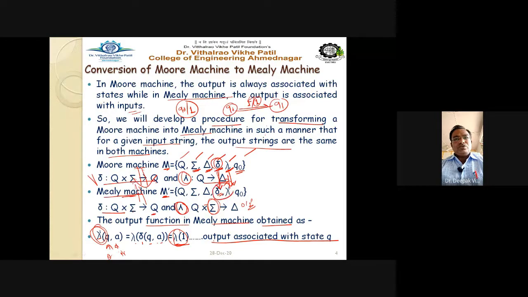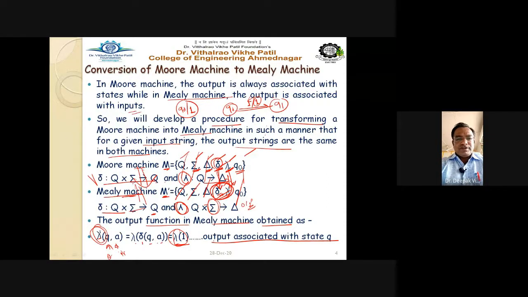While converting, we have to convert only these two parameters. The rest of the things, Q, sigma, capital delta and Q0, remain the same. So we have to convert only the small delta and lambda function, that is the transition function and the output function.